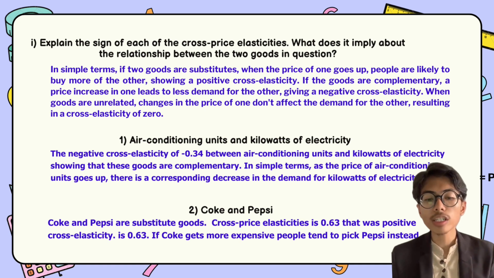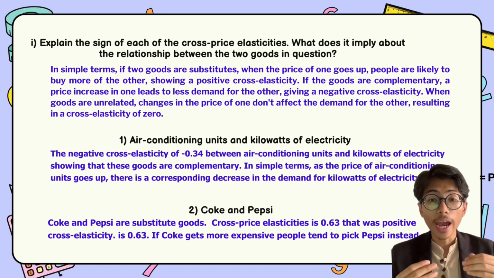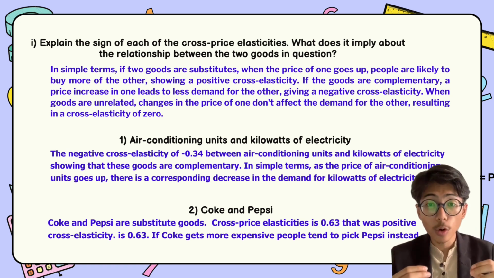So number 1, air conditioning units and kilowatts of electricity: the cross elasticity of negative 0.34 shows that these goods are complementary. In simple terms, as the price of air conditioning goes up, there is a corresponding decrease in demand for kilowatts of electricity.